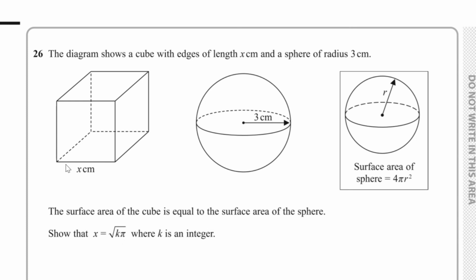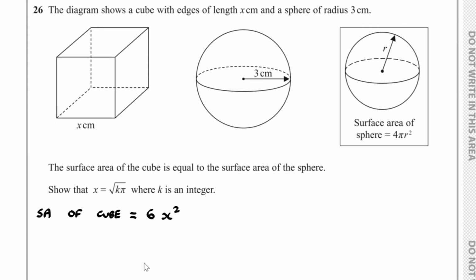Well, what is the surface area of the cube? Well, the surface area of the cube, each face will equal x squared. And then we need to multiply it by 6. We've got 6 faces. So the surface area of the cube is 6x squared.